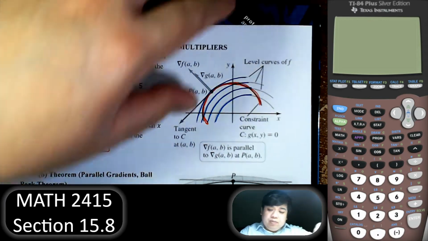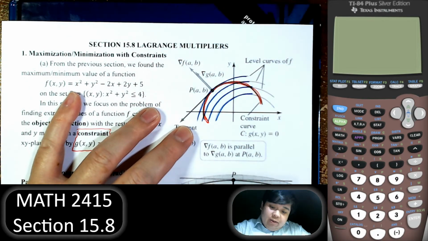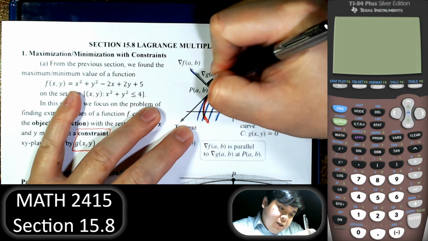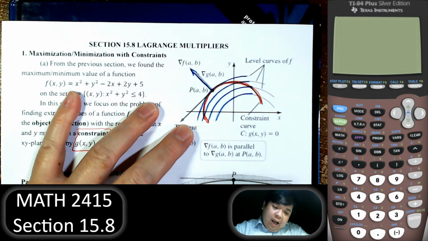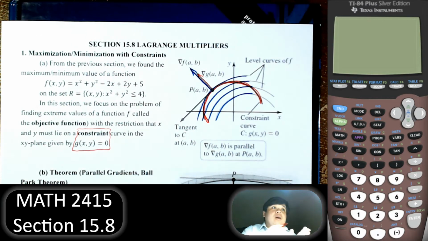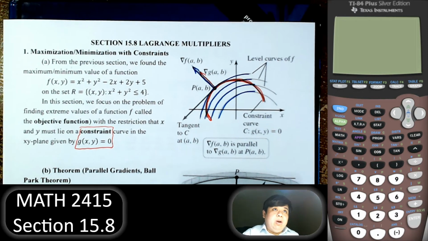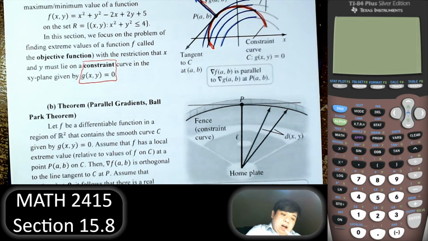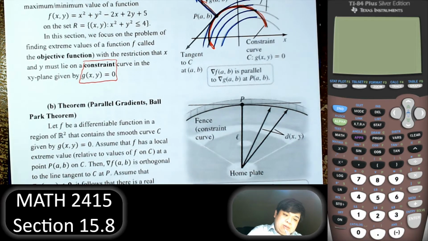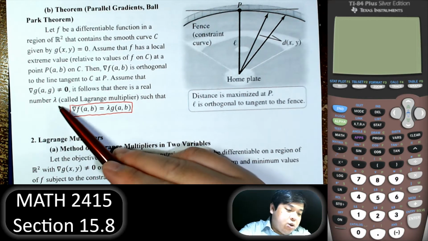And it says that the gradient of the level curve of f and the gradient of the constraint must align, meaning they will point in the same direction. Because they point in the same direction, one is a multiple of the other. So that is the Lagrange multiplier. This is called lambda.